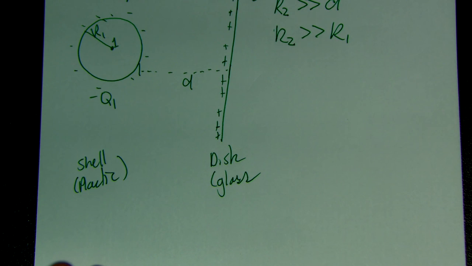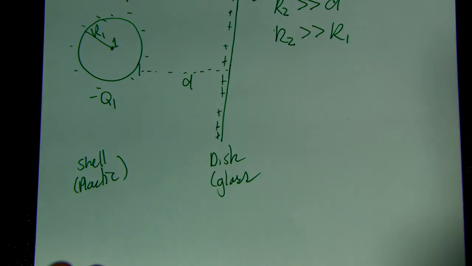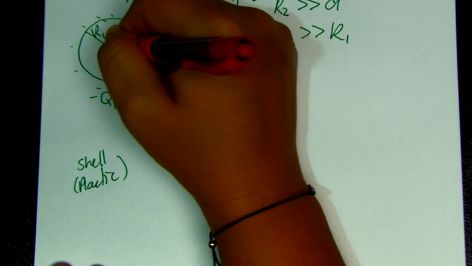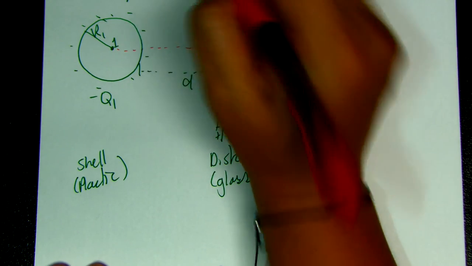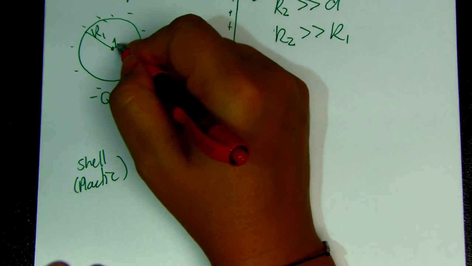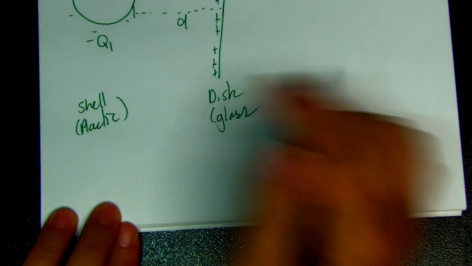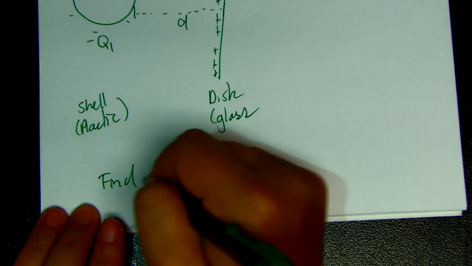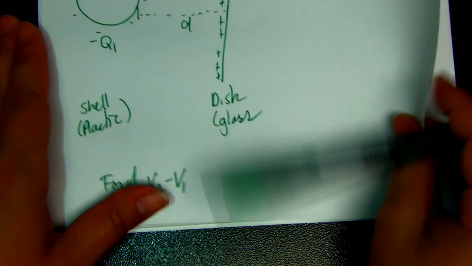Okay, so here is location 1, here is location 2. We want to find delta V from 1 to 2. All right, so we have a straight line from 1 to 2. Let's set this right here so we can refer to our picture.